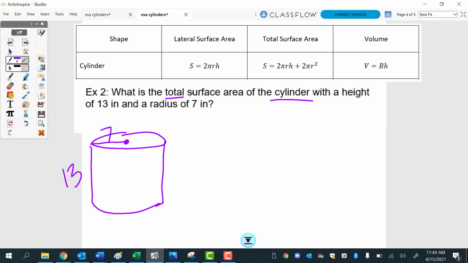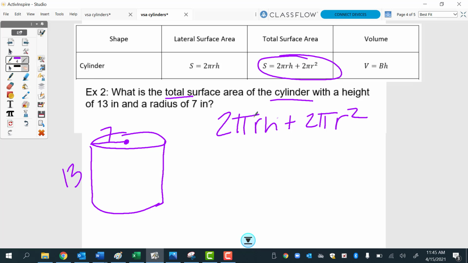Okay, so we're going to pick total surface area. Means I'm picking this formula over here. So we're putting 2 pi R H plus 2 pi R squared. I'm going to label the things. Now, if you didn't draw a picture, you could just label them up here. Height 13, that's an H. In the picture, this is 13, the height. And the radius is 7, so that's R. So we're going to plug those in.